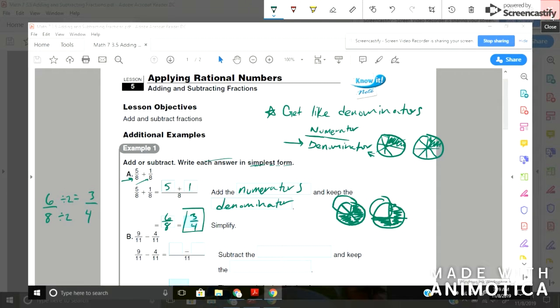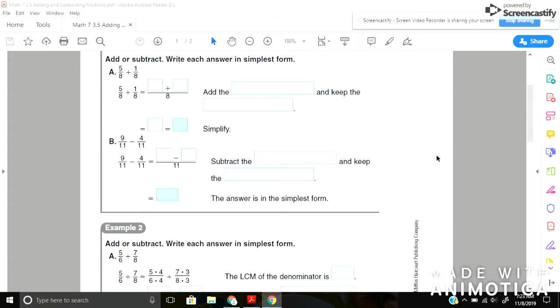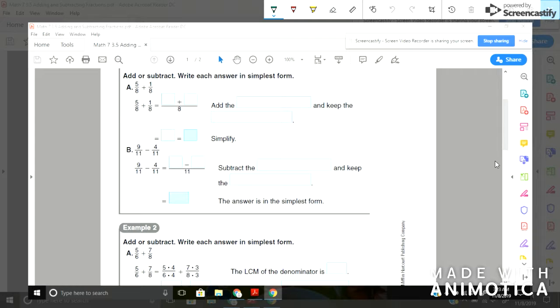Okay, let's try letter B, where it's similar, except now we are subtracting. But again, you'll notice that our denominators are like. So again, we'll subtract the numerators and keep the denominators.